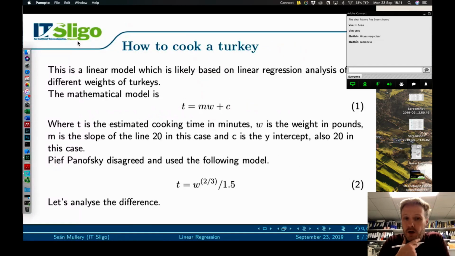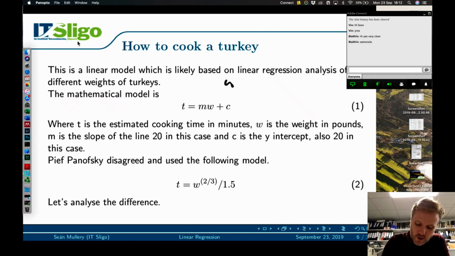So this is a linear model, which is likely based on a linear regression analysis of different weights of turkeys. And the mathematical model is, and of course you can write this in loads of different ways, I've written it this simply because it matches the names that we're dealing with. So in other words, time is what's coming out. What have we coming in?